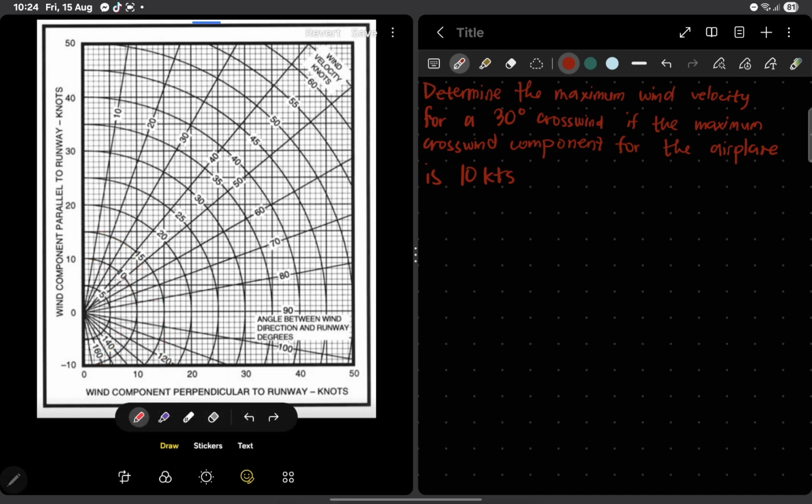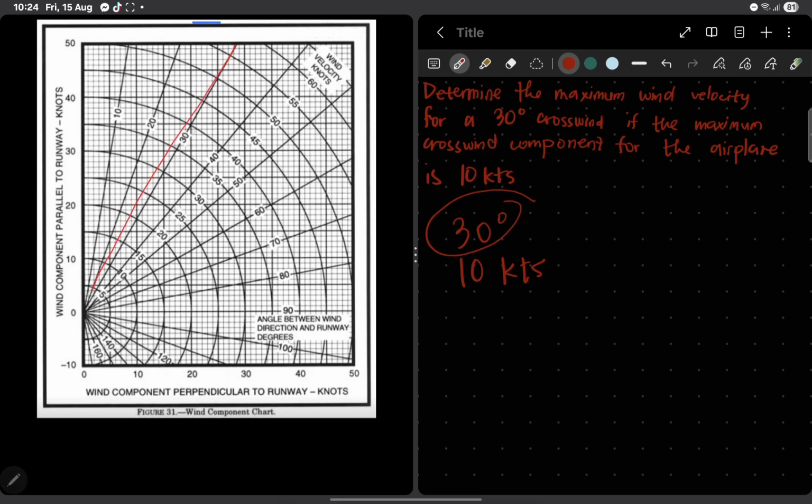So let's write down our given. Our angle is 30 degrees crosswind, and our crosswind component is 10 knots. This is straightforward. We'll look for the angle of 30 degrees, and then our crosswind component of 10 knots.